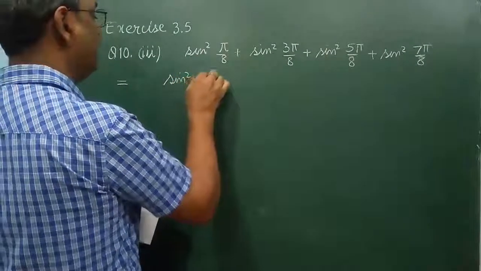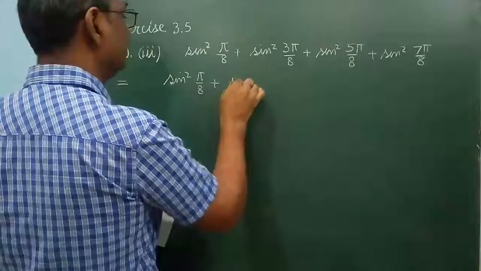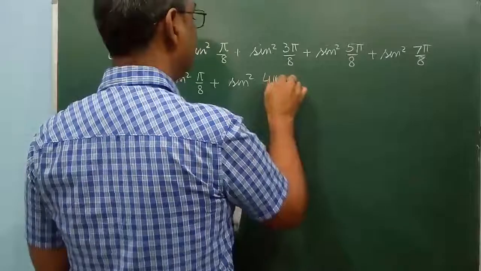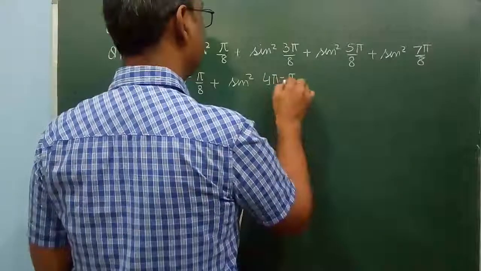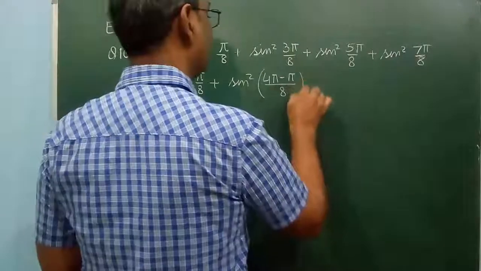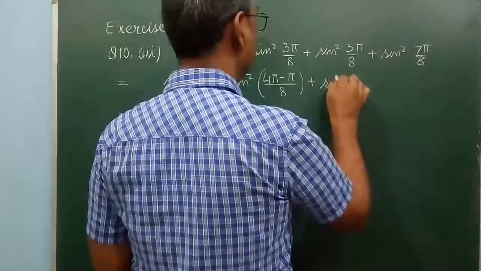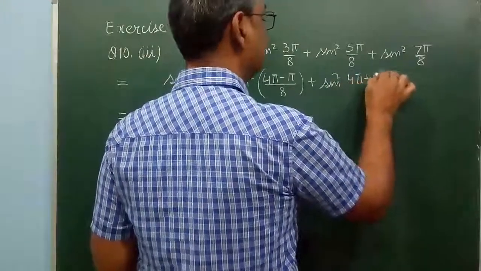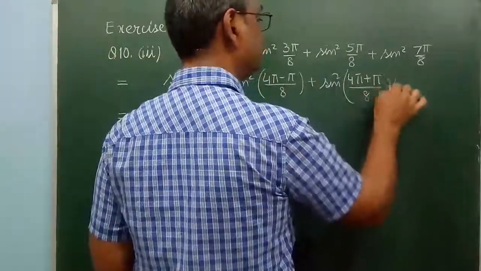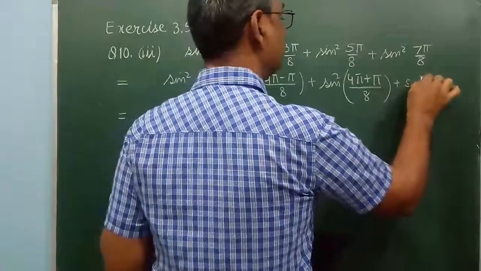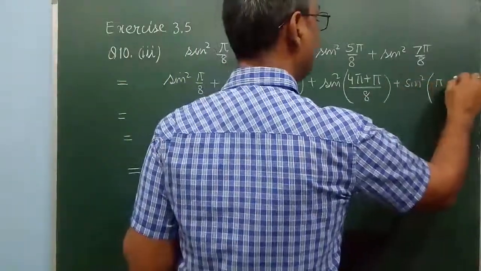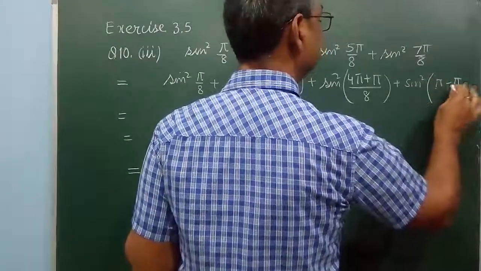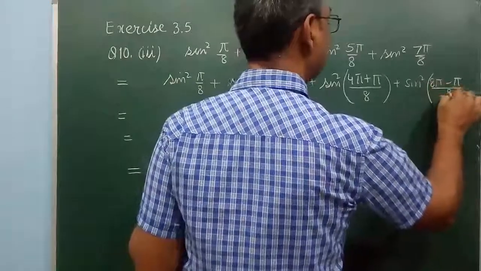Sine square pi by 8 plus sine square 3 pi by 8 will be 4 pi minus pi by 8, plus sine square 4 pi plus pi by 8, plus sine square pi minus pi by 8. Or you can add 8 pi minus pi by 8.